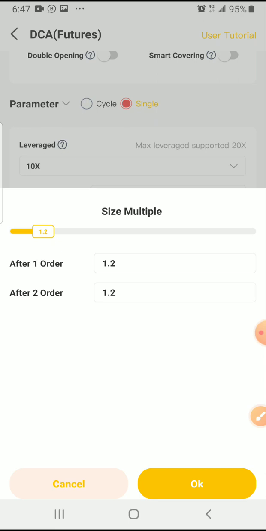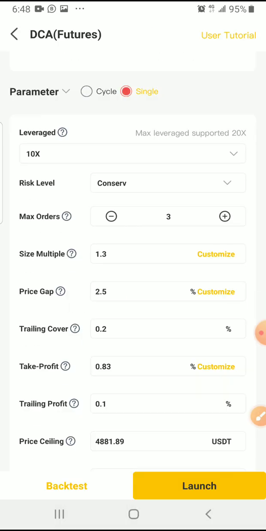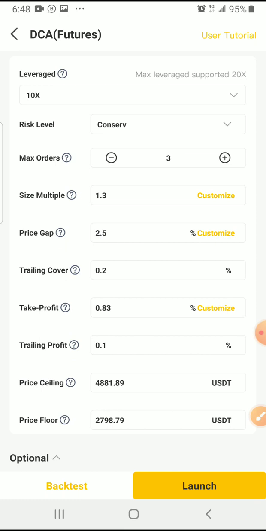So if you have enough money, you could decide that on the second order, let it buy 1.5, or you can decide to keep it to 1.2. It's your choice, or maybe 1.3. Anything goes, provided that you understand what you are doing. So when you choose parameters like this, your take profit here is 0.83%.